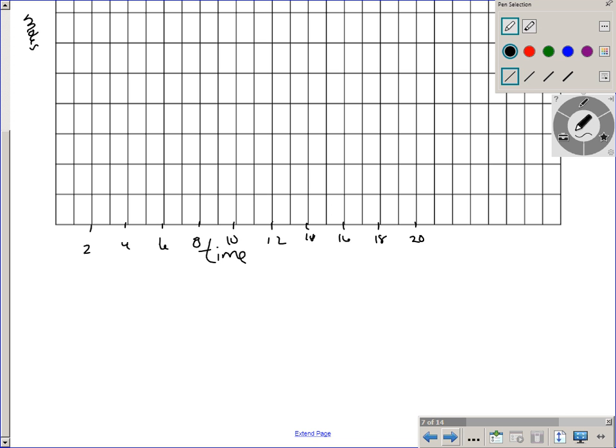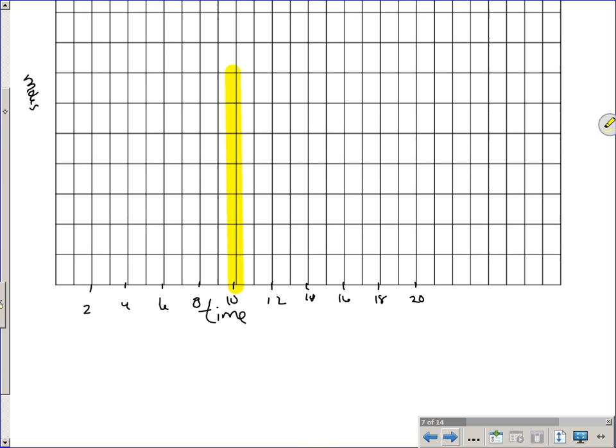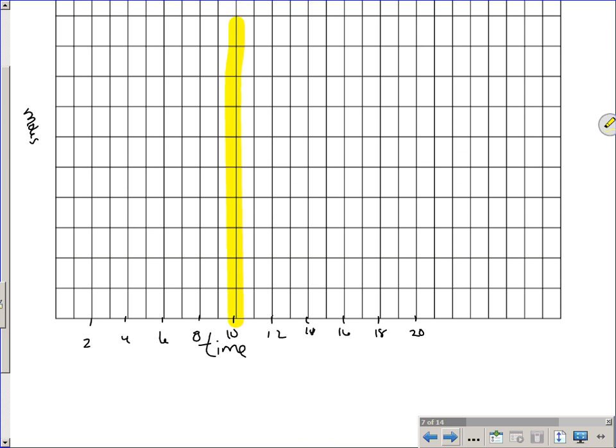If we were to graph what it looks like for equilibrium to occur, I'm going to have equilibrium happen at 10 seconds here. How the moles change as time progresses is what we're looking at here.